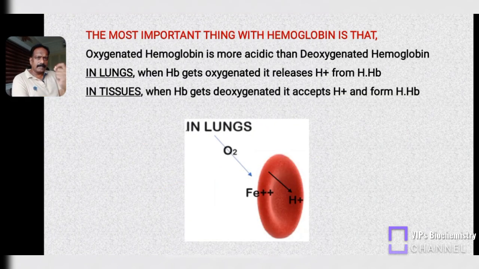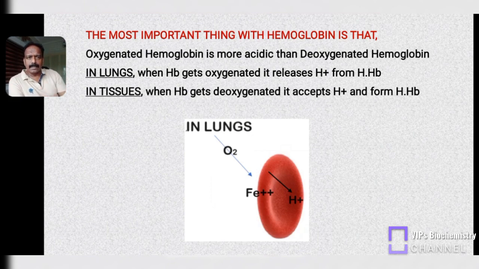The most important thing with hemoglobin is that when it gets oxygenated, it becomes more acidic, and when it is deoxygenated, it becomes less acidic. Oxygenated, more acidic; deoxygenated, less acidic.